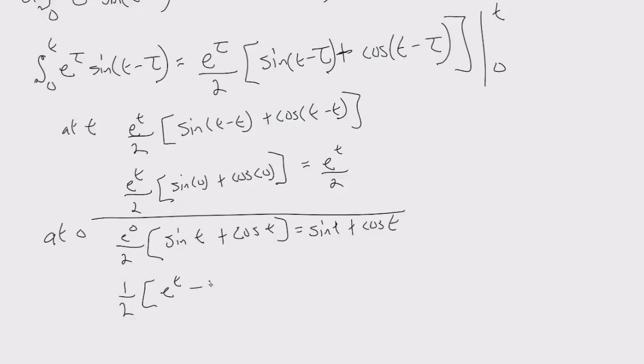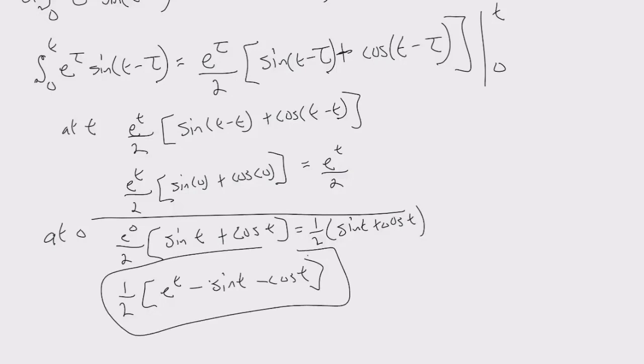E of t minus sine of t minus cosine of t. Sorry, I was just looking over my work here, and this piece right here, I said it, but I didn't write it. So 1/2 sine of t plus cosine of t. Okay, here, I will box my final answer. So there we go. That's the final answer.